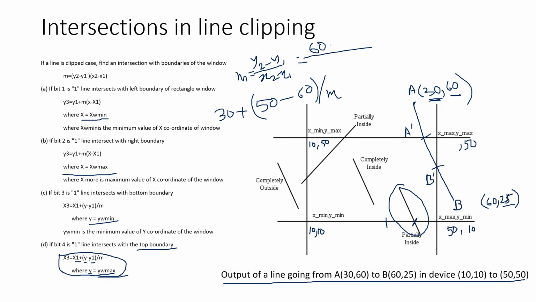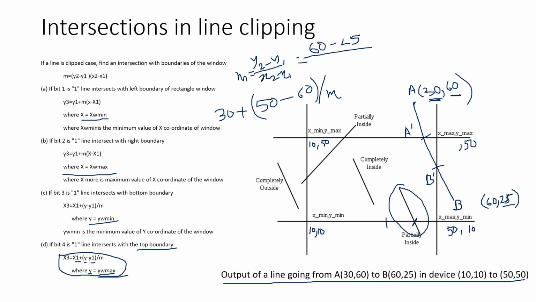60 minus 25 divided by, sorry, this is actually wrong. This is actually your x2 y2 and this is your x1 y1. So this is actually 25 minus 60.